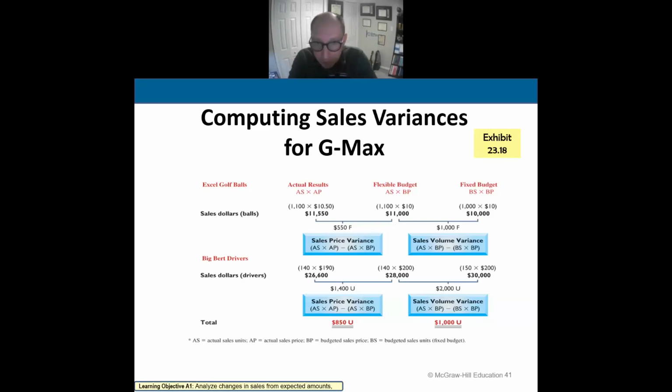And that's favorable because we sold each box of golf balls for 50 cents more than what we anticipated. We also sold 100 more than what we anticipated. So the sales price variance is $550 favorable, and the volume variance is $1,000 worth of favorable variance.